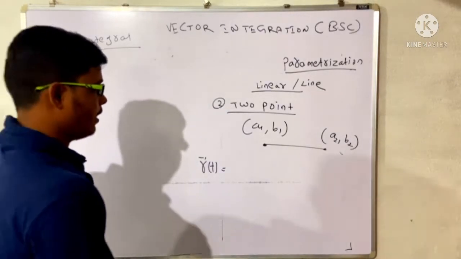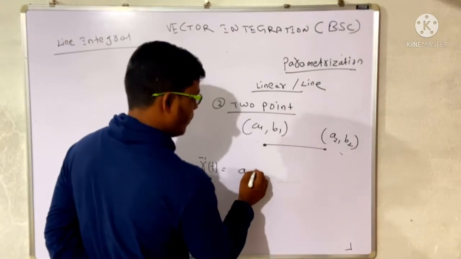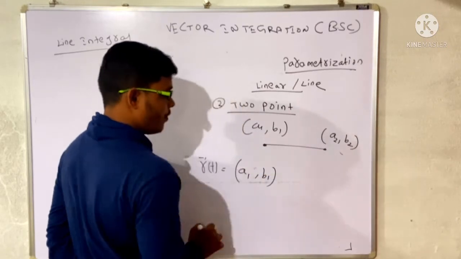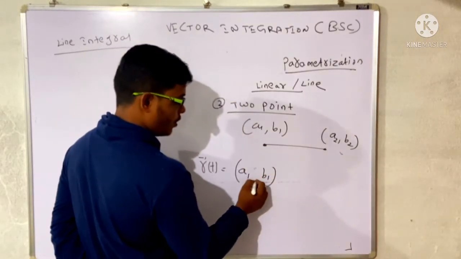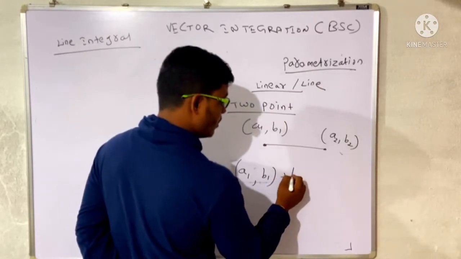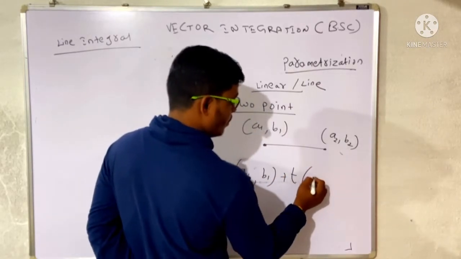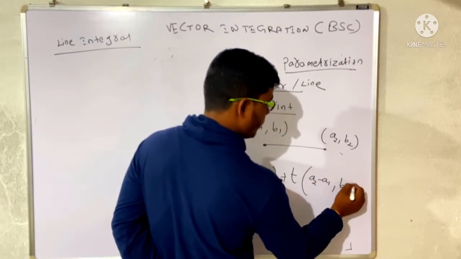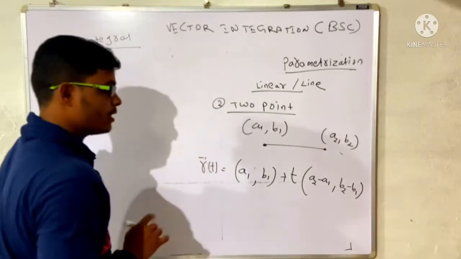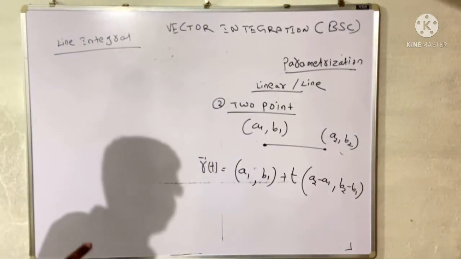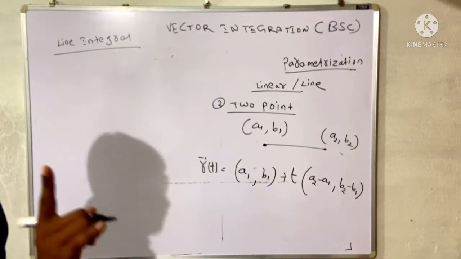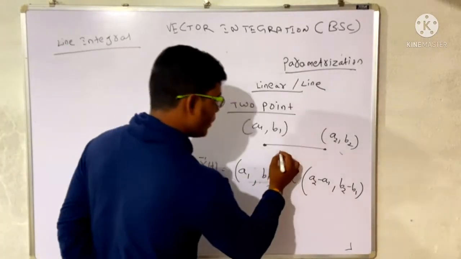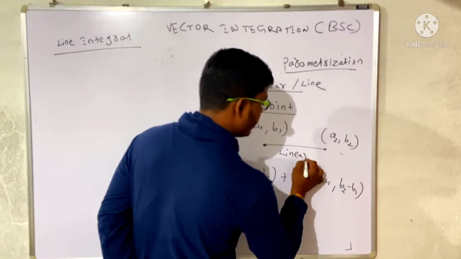The parameterization will be A1 B1, comma, plus t into A2 minus A1 and B2 minus B1. So remember, this is also another linear parameterization. If 2 points are given to you and the path is linear, remember the path should be linear, then we can apply this.